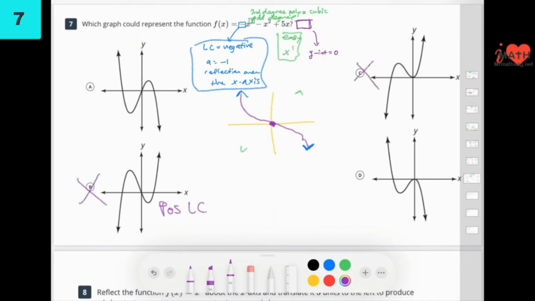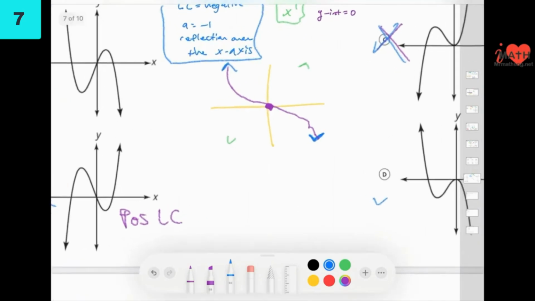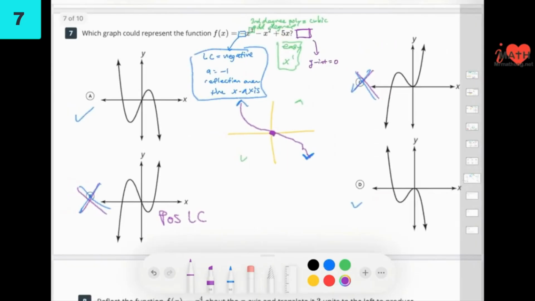Now this one has negative, I should have that blue. This one does have leading coefficients, okay. So either A or D would be okay so far. And let's see if I can work with it a little bit.